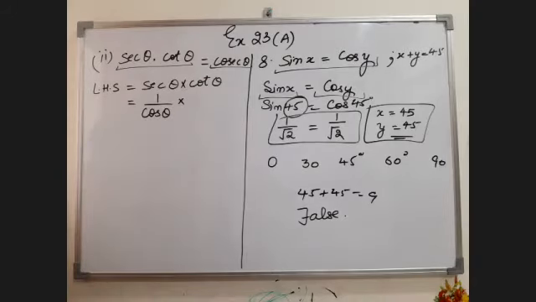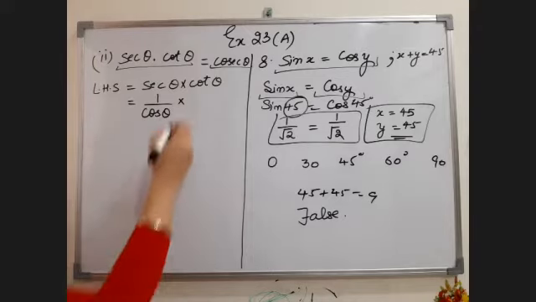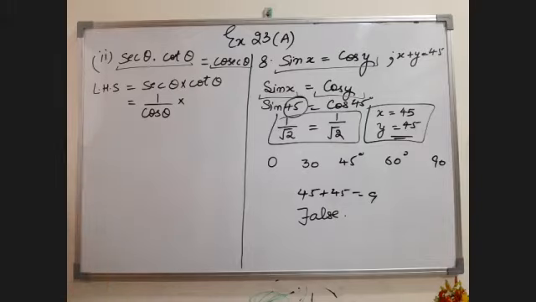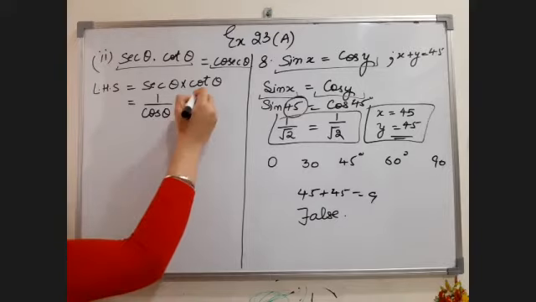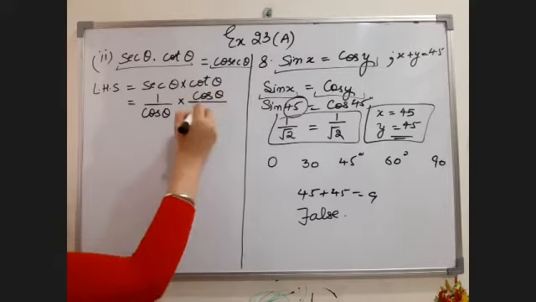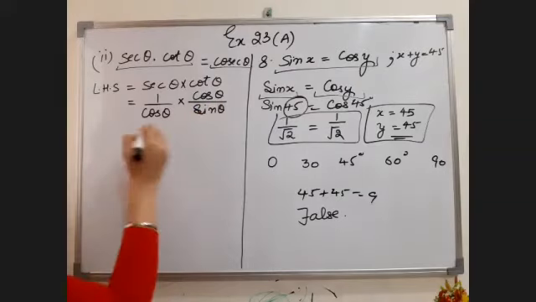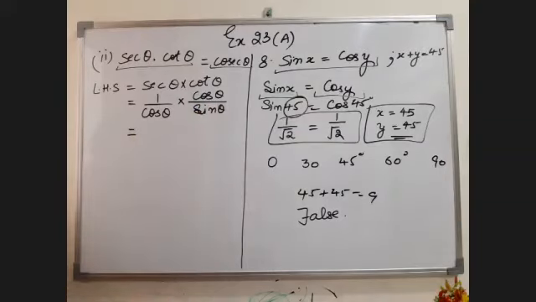Can anyone tell me the formula of cot theta in terms of cos? Cot theta is equals to cos theta by sin theta. This we have already done. Now cos theta and cos theta will get cancelled.